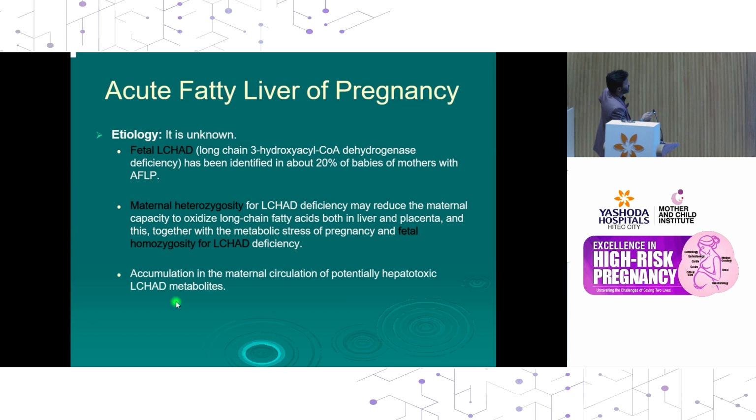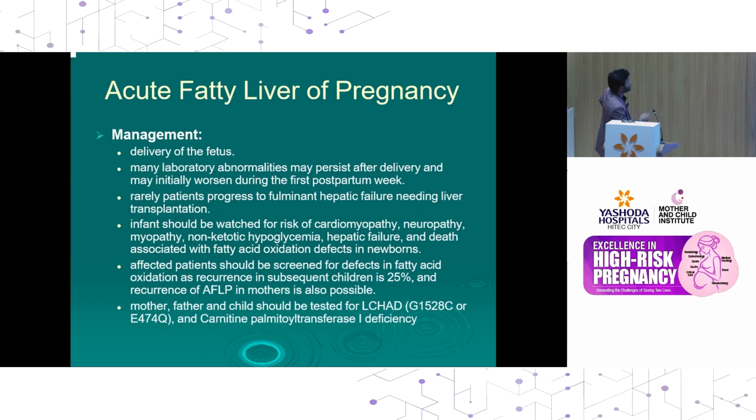So there's a study which looked at the kids who actually have a fetal LCHAD deficiency. 20% of the mothers ended up having AFLP, and that's why it's important that any baby who has been delivered after AFLP should be checked for fetal LCHAD so that we can warn the mother for further pregnancies.